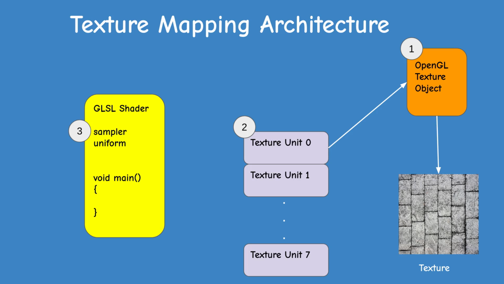As we shall see shortly, GLSL provides us with special functions for texture sampling, and these functions need to know which texture unit to access. The sampler uniform variable is updated by the application with the index of the texture unit. The shader accesses the texture unit through the sampler uniform variable and reaches the texture object that was bound to the texture unit by the application.